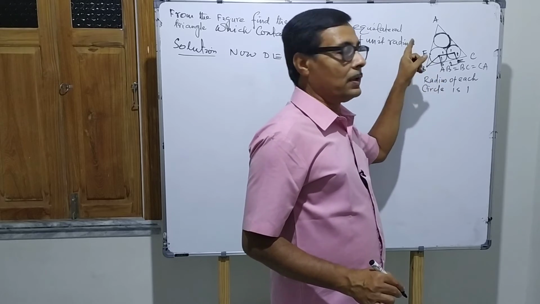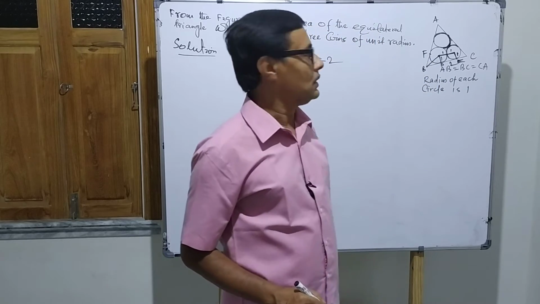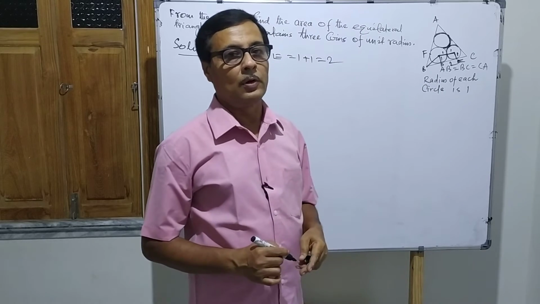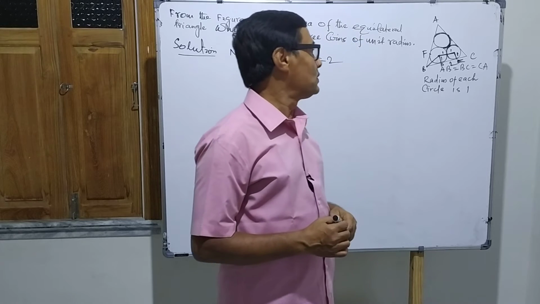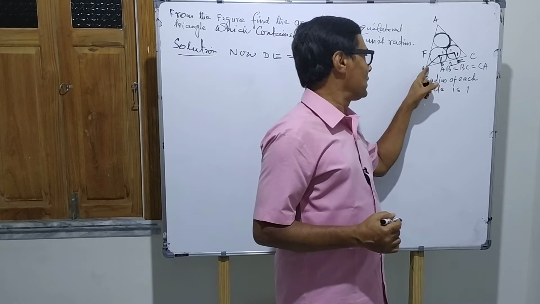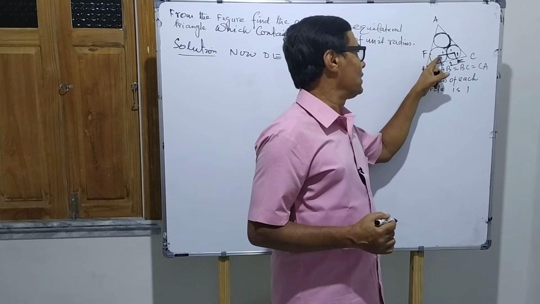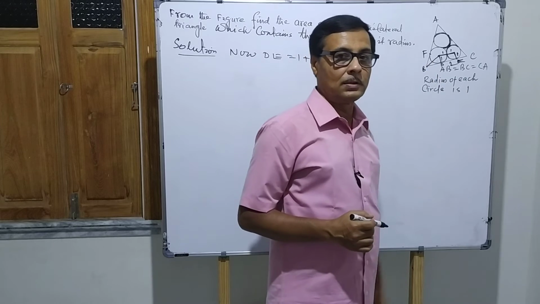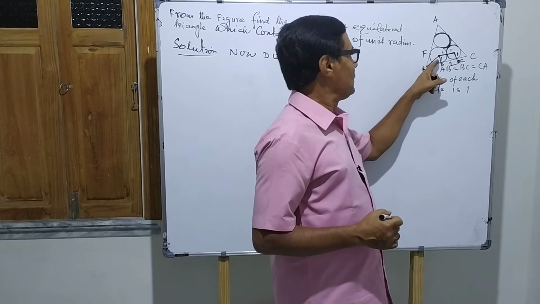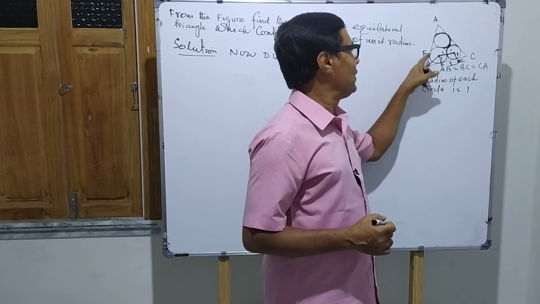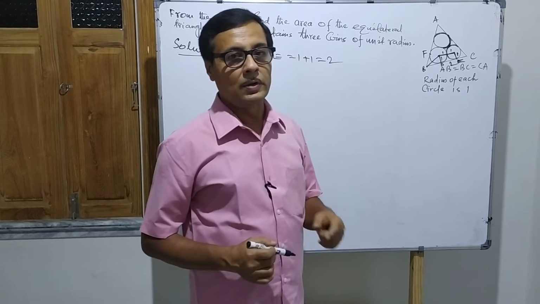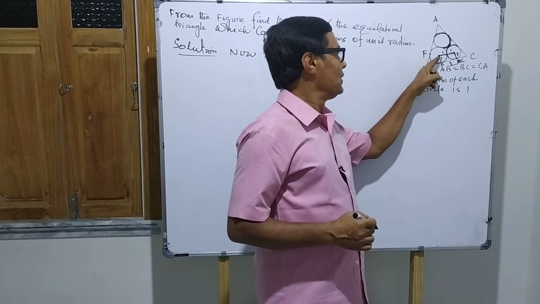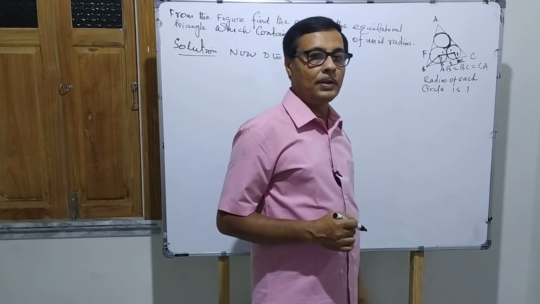We have already proved this theorem in geometry: the tangents drawn from an external point of a circle are equal, and the line segment joining the point of intersection of the two tangents and the center of the circle bisects the angle between the two tangents, that is, it bisects the angle FBD.